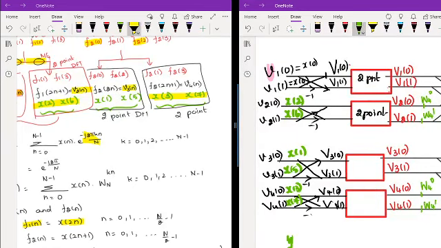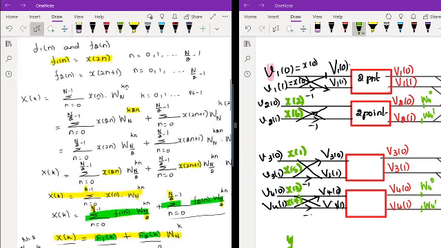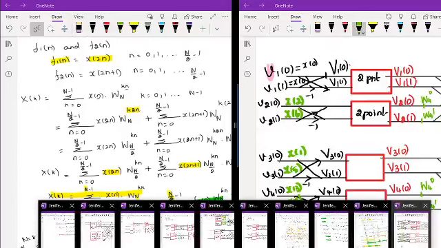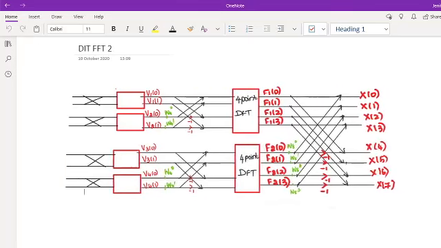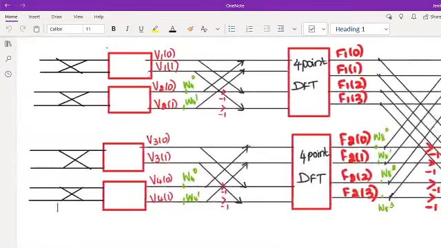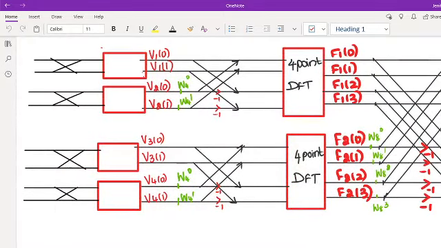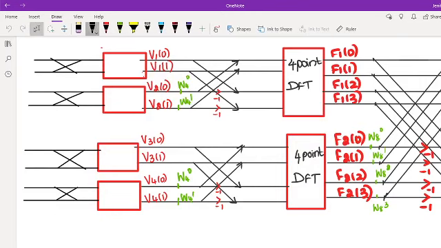So we have got this entire diagram. These are the 2-point DFTs.